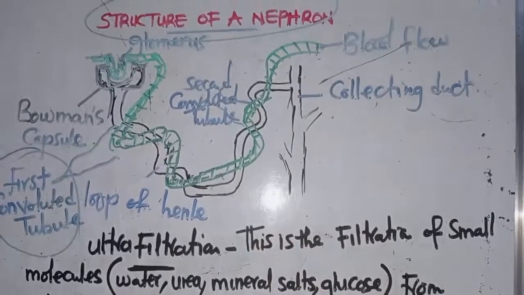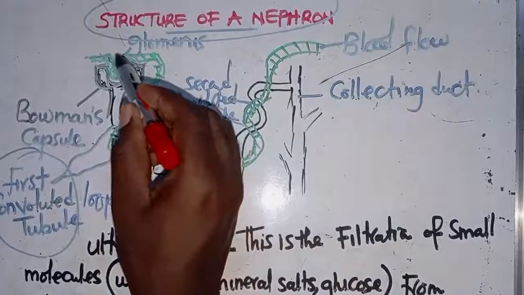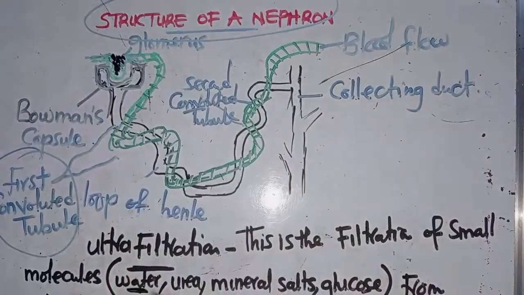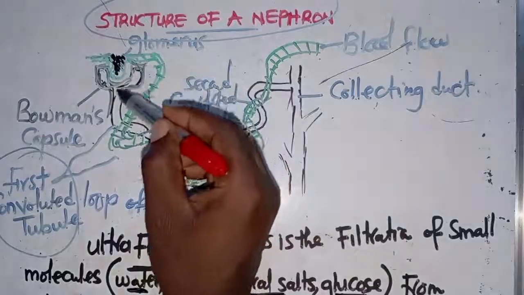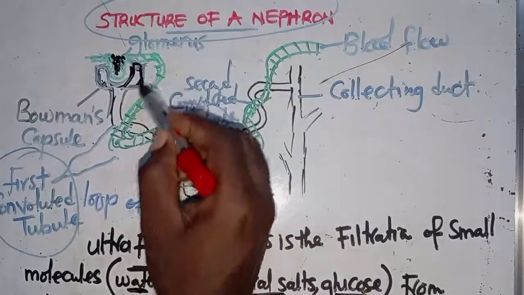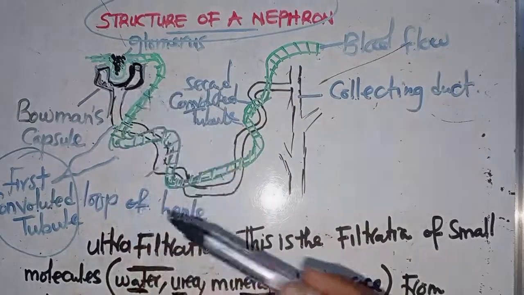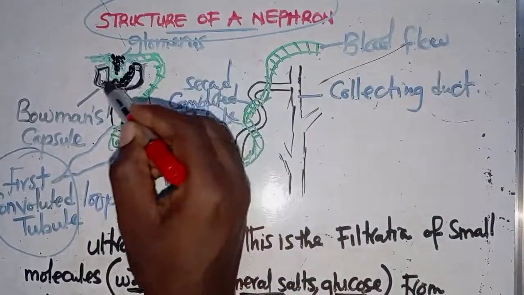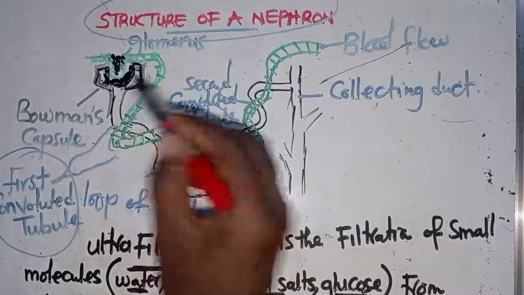So there are particles here on the glomerulus: the water, the urea, the mineral salts and glucose. They get to diffuse into the Bowman's capsule. They are going to filtrate into the Bowman's capsule.